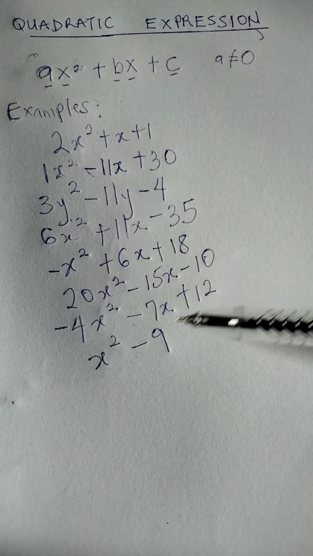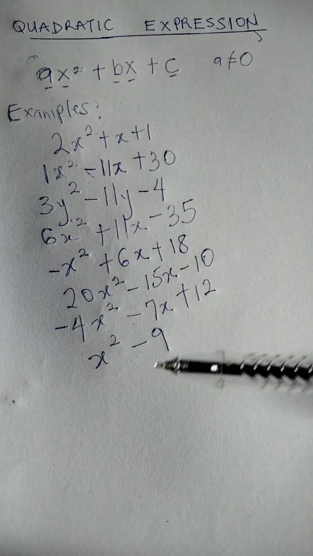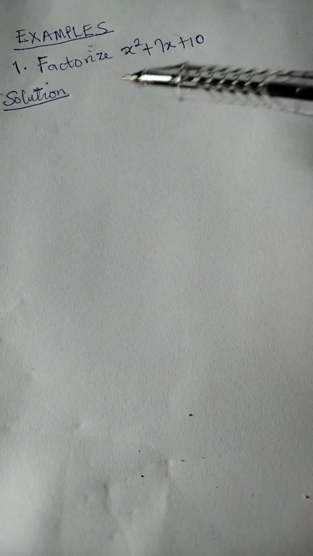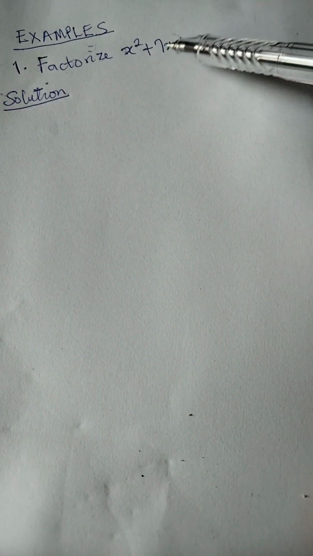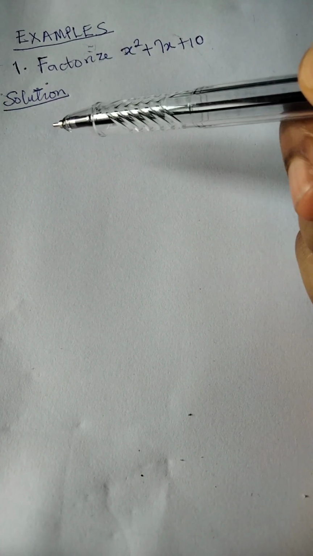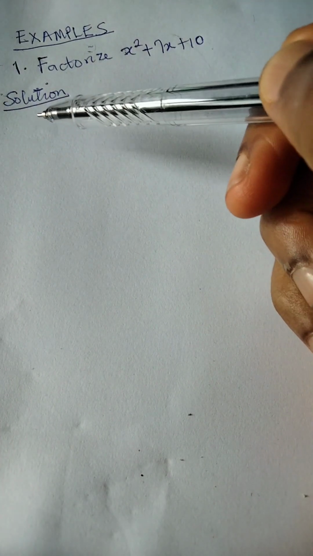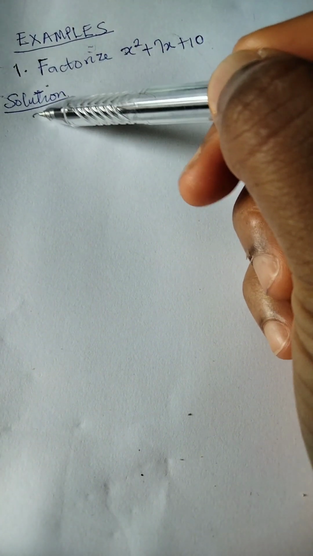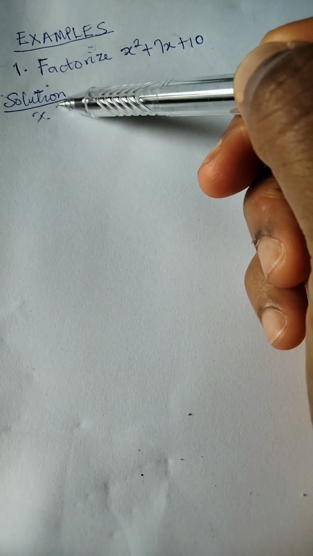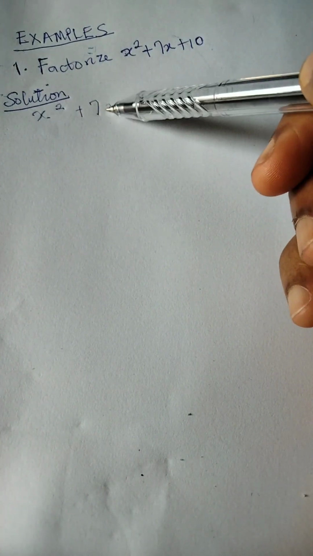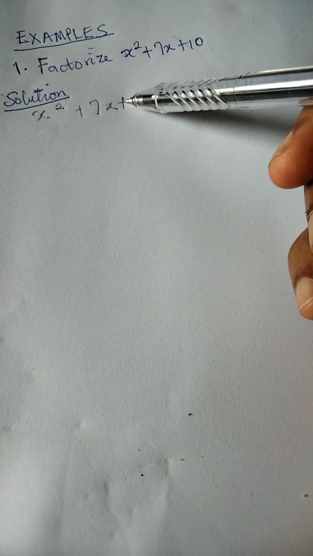So the next thing we are going to be looking at is how to factorize a quadratic expression. Alright, so we have an example here, which is to factorize x squared plus 7x plus 10. Now the first thing to do when you are given a question like this is actually to identify your constants. So we have x squared plus 7x plus 10.